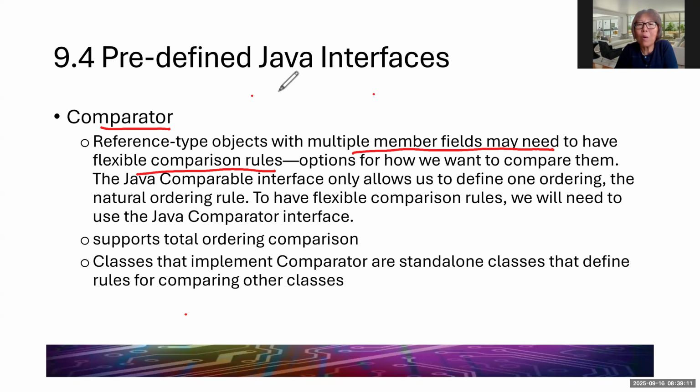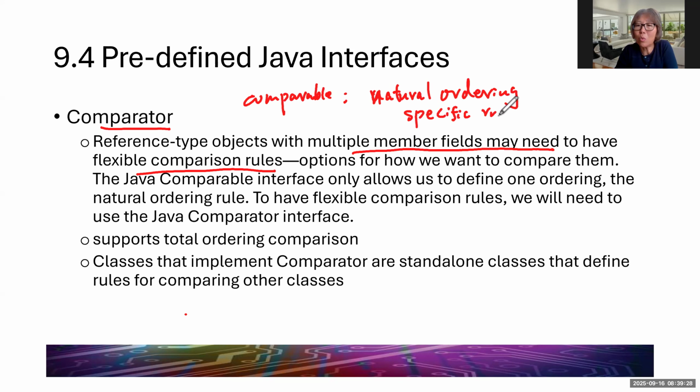For the Comparable interface, it's natural ordering, meaning a specific rule from the least to the greatest.